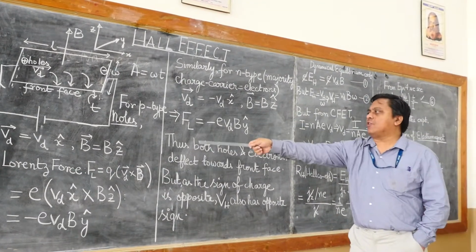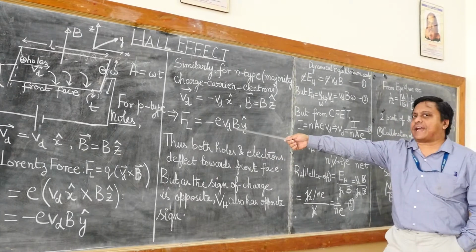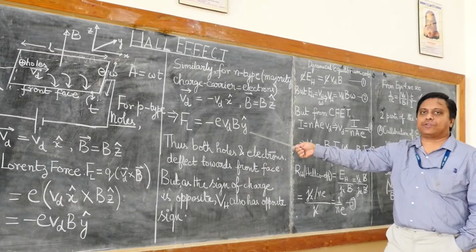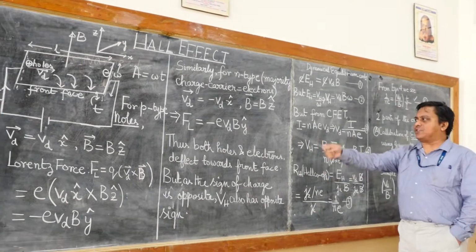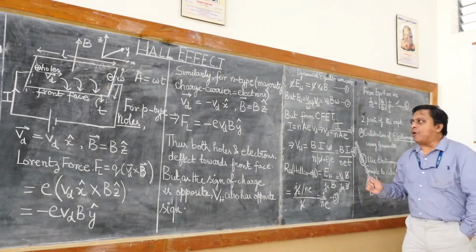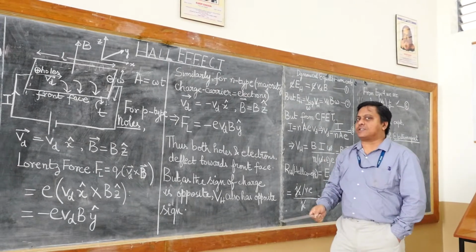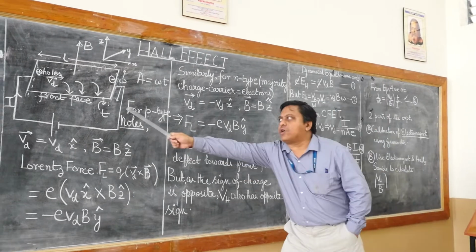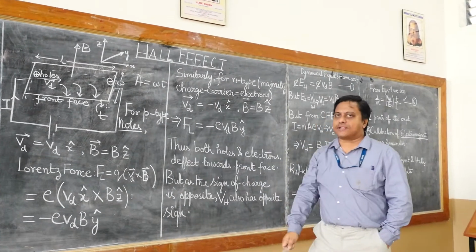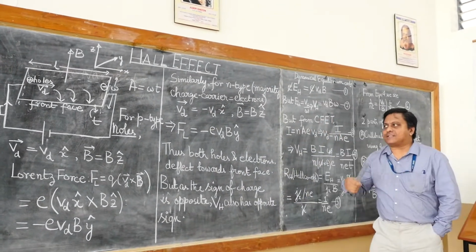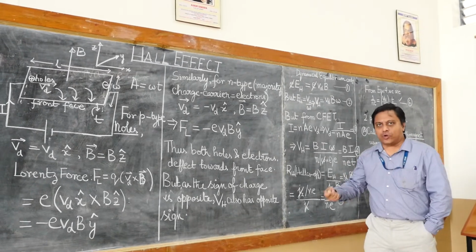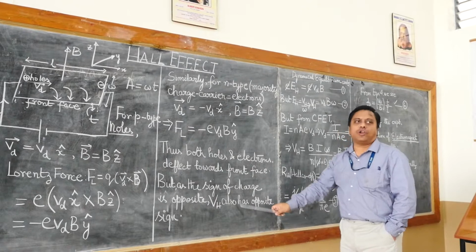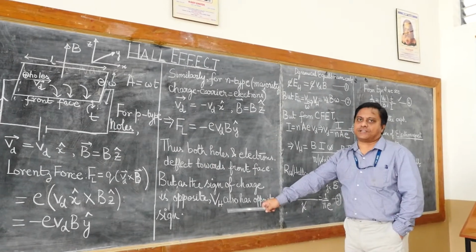And in the same way, you can show that the Lorentz force acting on electrons is also minus e Vd B times y cap. So the summary of these two equations is that both the holes and the electrons in a p-type and an n-type semiconductor will be deflected towards the front face of the Hall slab. However, as the sign of the electrons and the holes are opposite, the sign of the Hall voltage will also be opposite for the two cases.